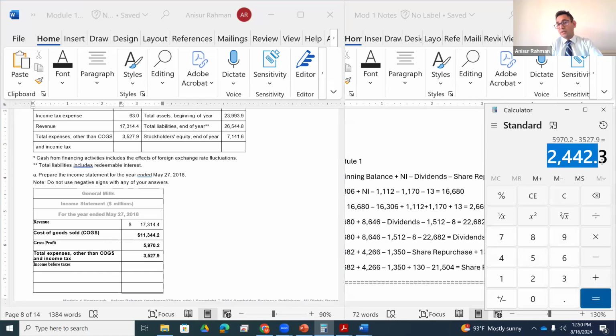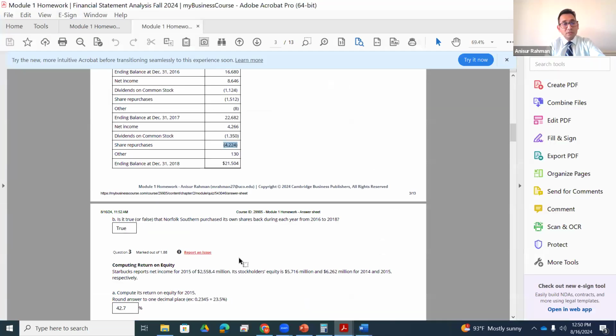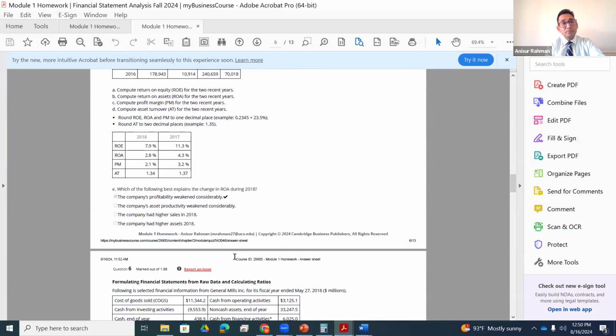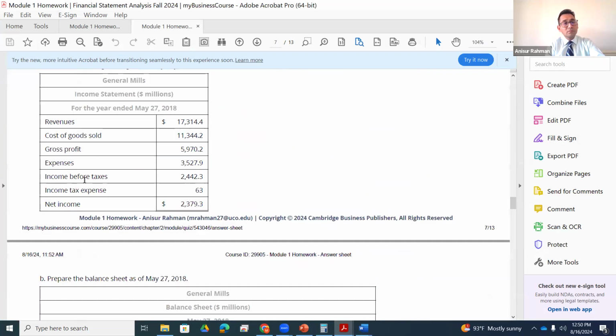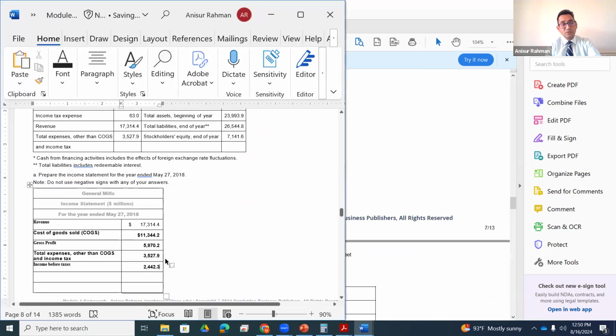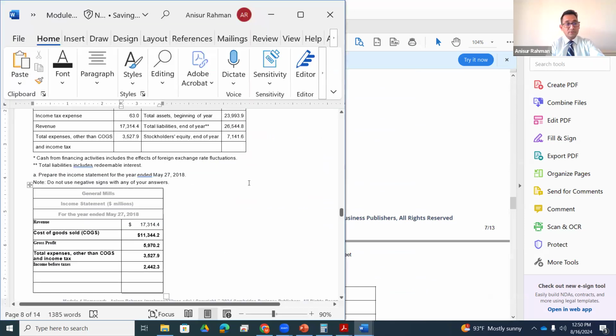So 2,442.3. Check if we are getting the right answers. So 5,970.2. Income before tax 2,442.